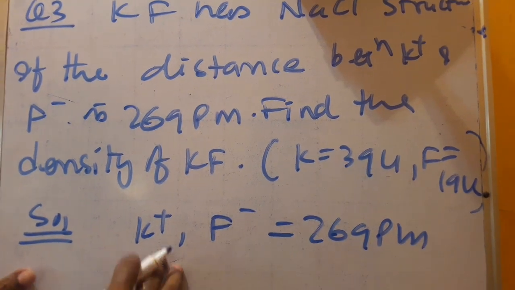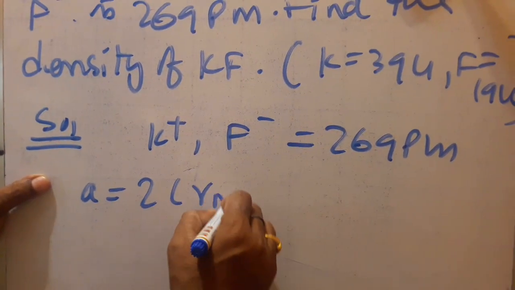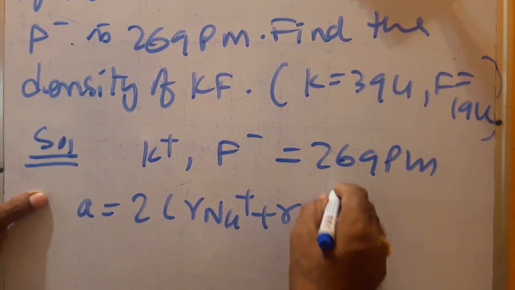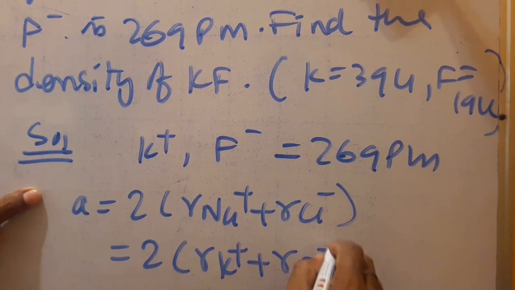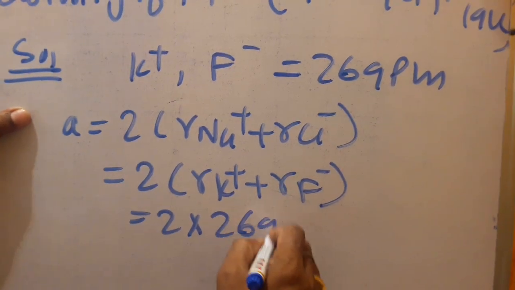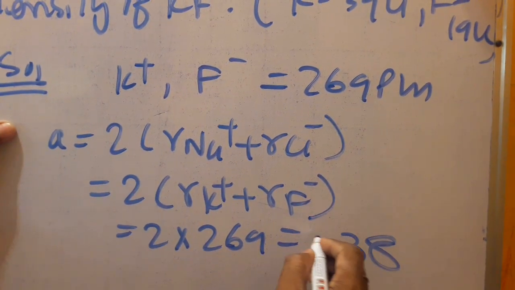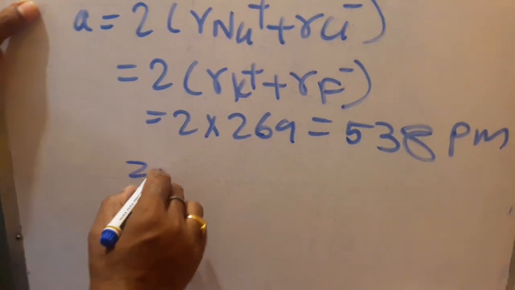According to the NaCl structure, we know that edge length is equal to 2 into r Na plus r Cl minus. So here it will be equal to 2 into r K plus r F minus, so it is equal to 2 into 269, that is equal to 538 pm. And KF has NaCl structure, means Z is equal to 4.